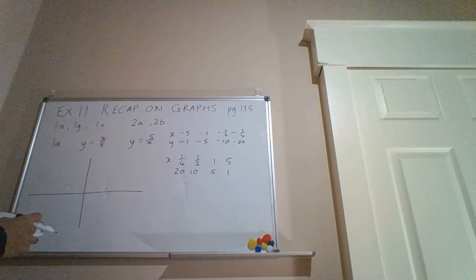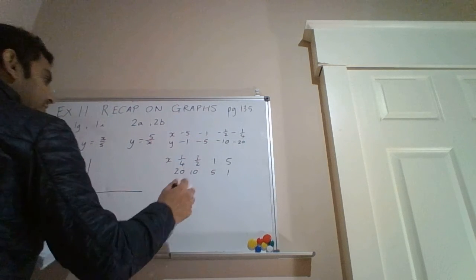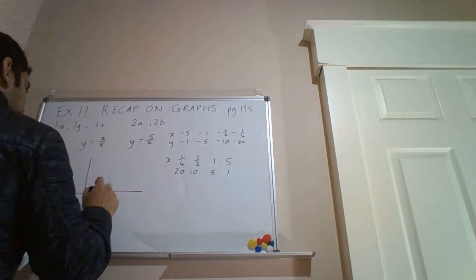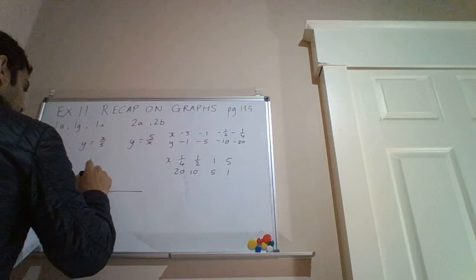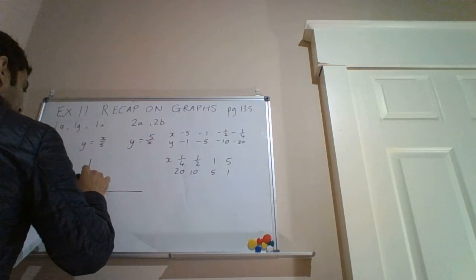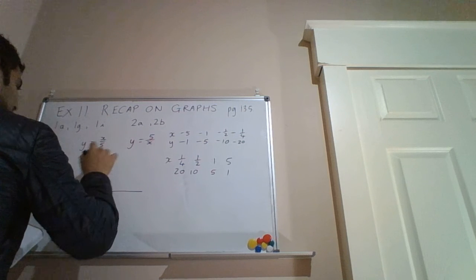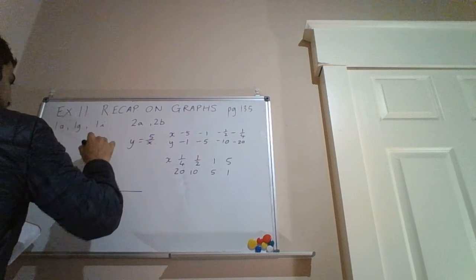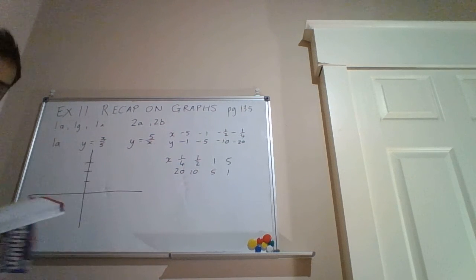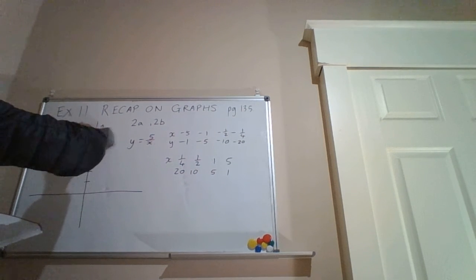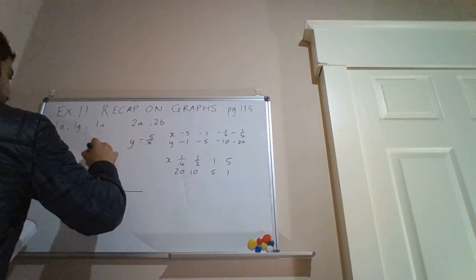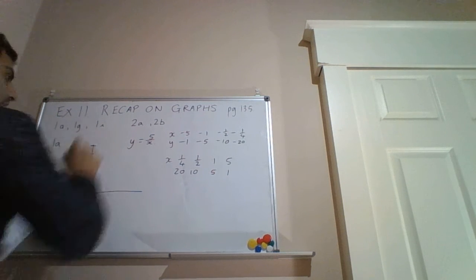Let's see, our x values go up to 5 and our y values go up to 20. So I'm going to make the y-axis go up in 2s. So 2, 4, 6, 8, 10.